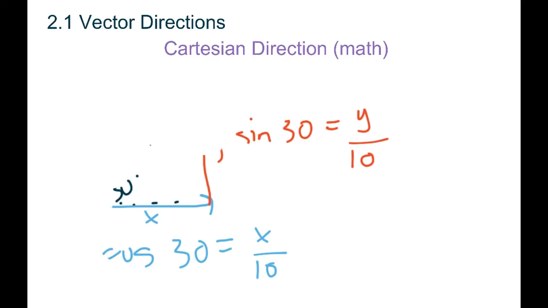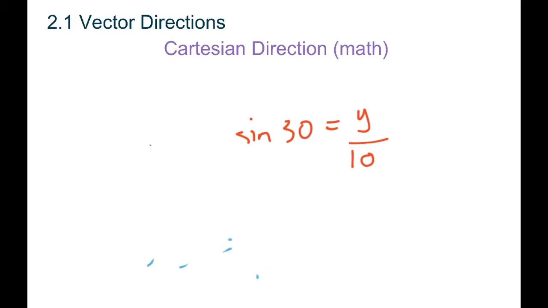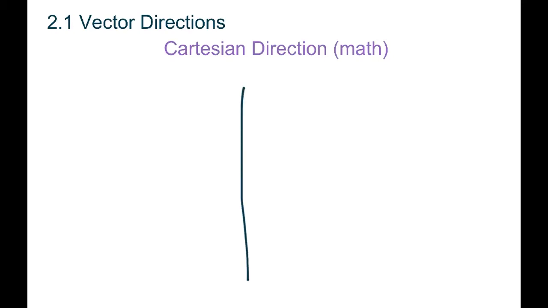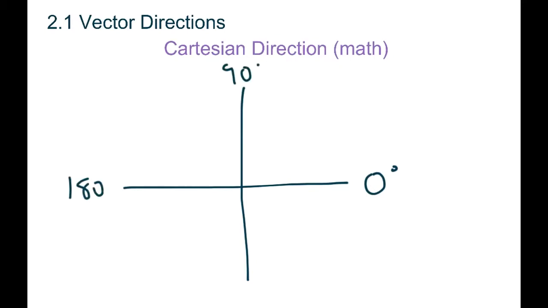topic that we're going to look at, or the first way of doing directions, is based on the Cartesian system, which is what we use in math. So those of you doing math 20-1, you would have done this already in the trigonometry unit. So what we do with the math directions is we always start at the 0 degrees over on the right side, then we go up to 90 degrees on the top, 180, and 270.